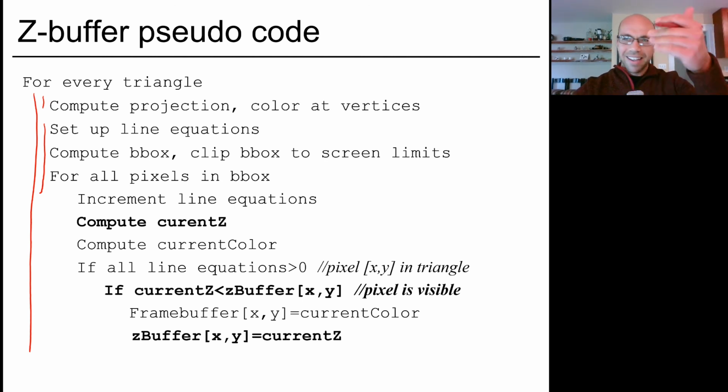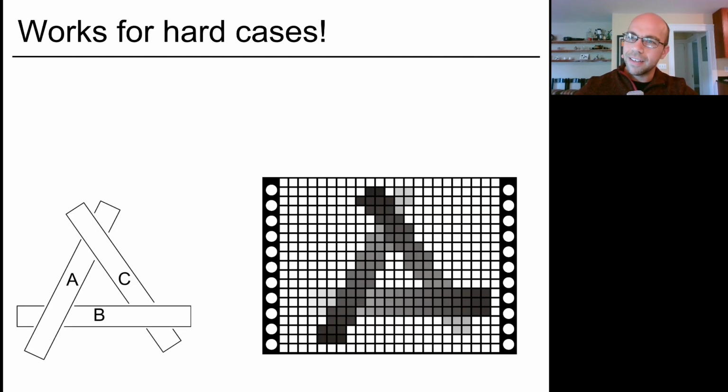So this is just saying, if there were no other objects in the universe, would I be able to see that pixel in that triangle? Then you compute the Z value in the triangle, and only if you're inside and the Z buffer is not closer do you keep the color and put it on the screen. And we'll see that this technique works even for difficult cases like those 3 stacked up sticks that we talked about before.